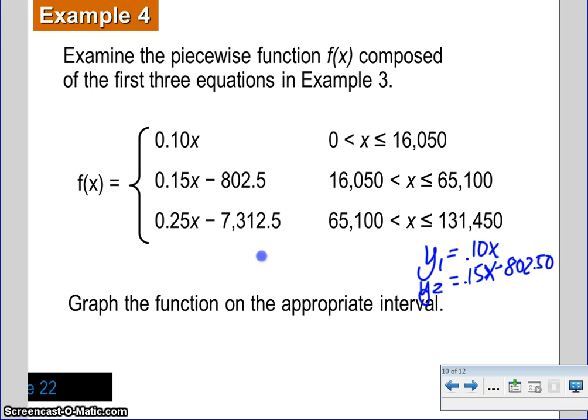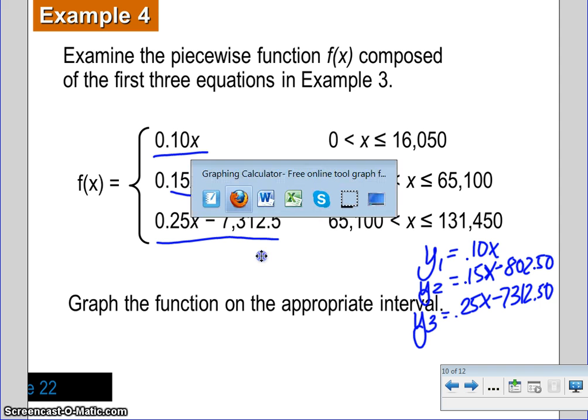And that goes in the y2 spot. The y3 spot will be 0.25x minus 7312.50. So we've got exactly the equations as they are here. We're going to write those into the equation editor.